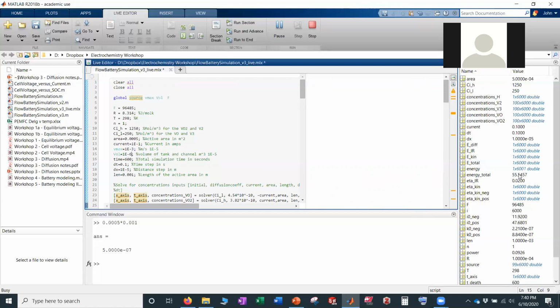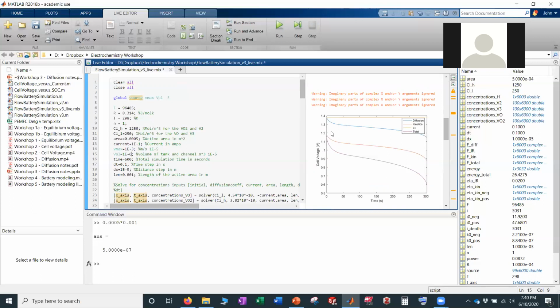So energy total this last time was 55 joules. So this is in joules. We should notice this should go down by quite a bit because we've reduced the size of our tank by a factor of 10. Before it didn't completely die, so we might not see it go down by a full factor of 10. Right, it only went down a factor of 2. That's because it's actually dying this time, so it should actually have more.